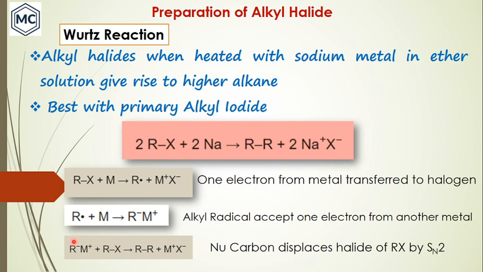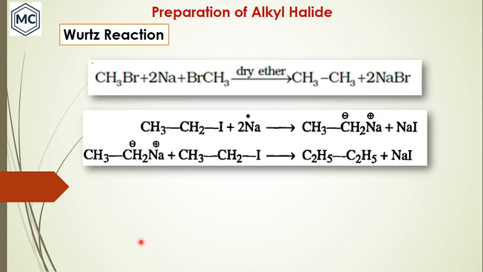This can act as a nucleophile. It can attack another molecule of alkyl halide by expelling this halogen. This is a nucleophilic SN2 reaction. So it displaces the halide of another alkyl halide by SN2 reaction and you get a higher alkane.